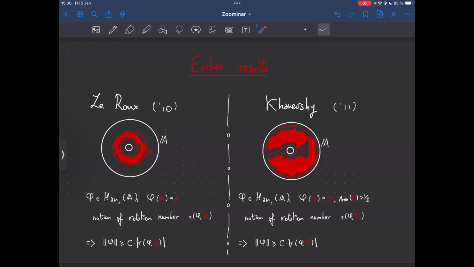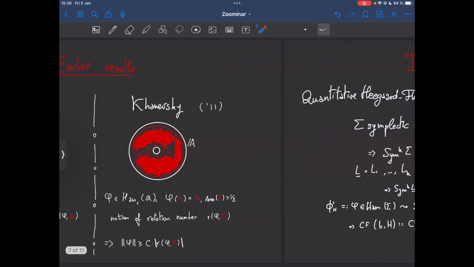So essentially, the idea is that, seeing this disk contained in the annulus as a second disk, in my theorem, we can let both of them move around in the Hamiltonian isotopy. However, Kanevsky's result is stronger in another direction, which is that he's not asking for any area condition on the inner disk, whereas I have to assume that the inner disk and the disk D, which is filled with red in the picture, have the same area.